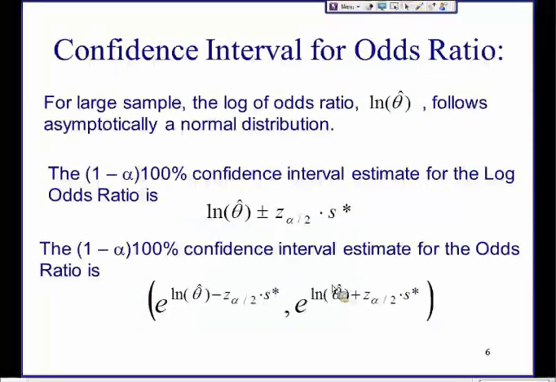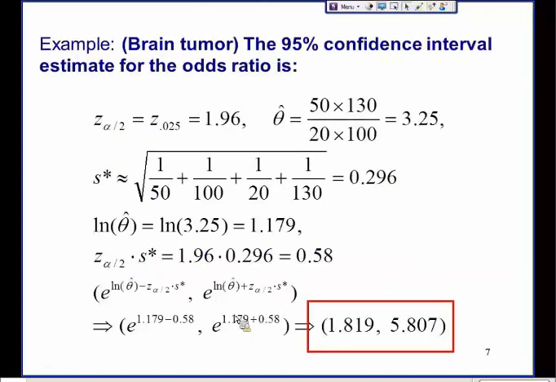We learned that before. And you also remember there is a confidence interval estimate formula for the odds ratio. We did that earlier. Once you calculate the odds ratio with the data, you can also compute the confidence interval estimate for the odds ratio.